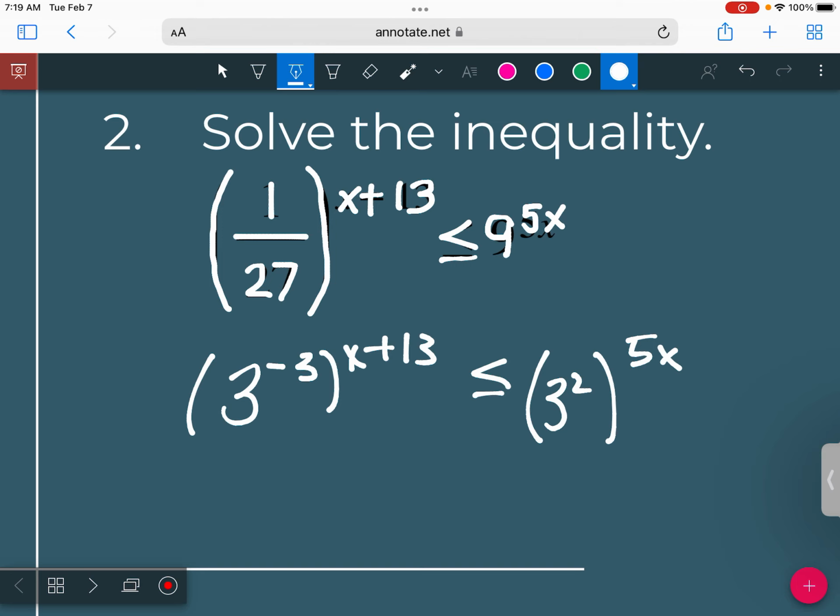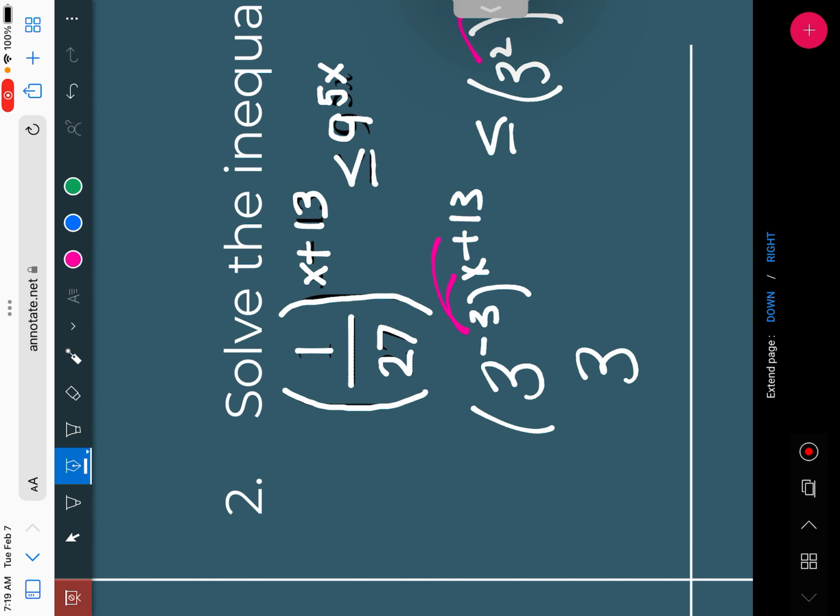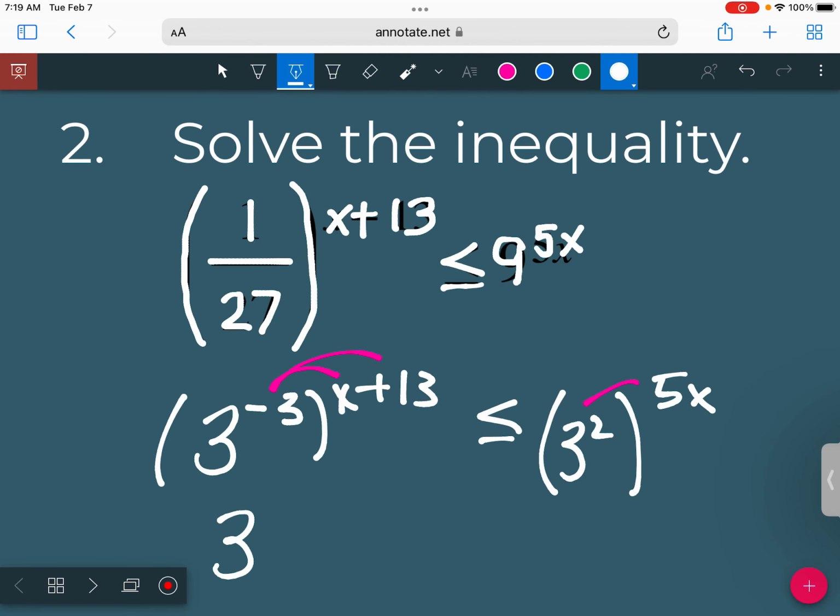All right, and then now that we have the same bases, we distribute in our new exponents. So we get on the left side 3 to the -3x minus 39, less than or equal to, and on the right side, 3 to the 10x.